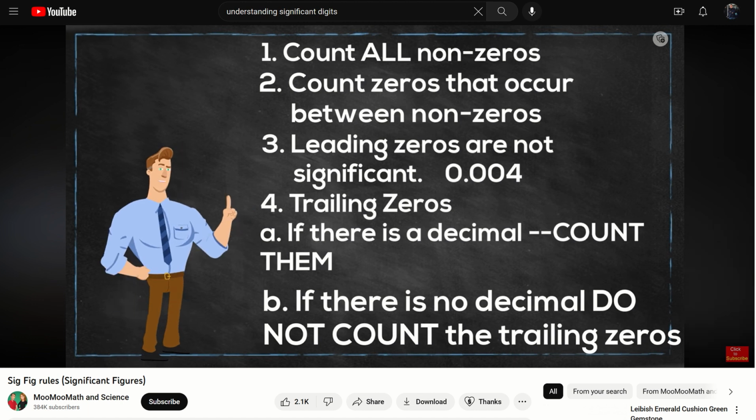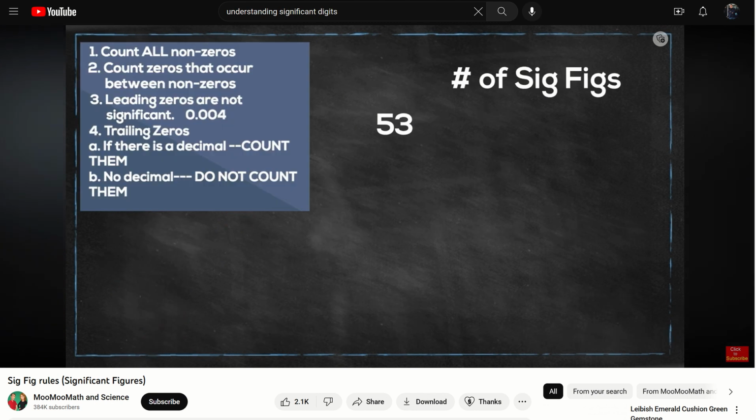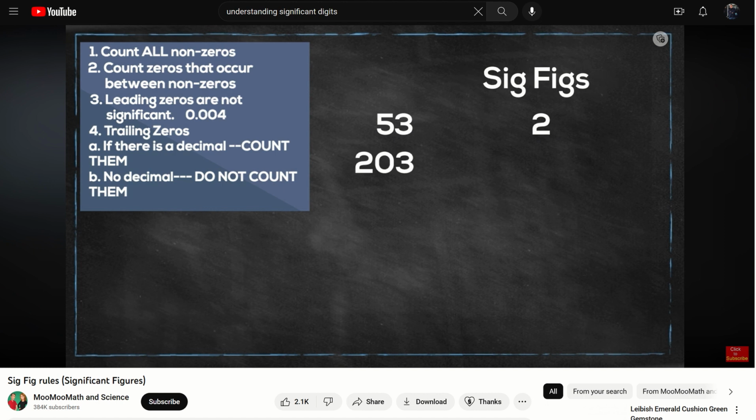So let's get started with a couple examples, and I have the rules here to remind you. 53. This one's fairly straightforward. They are all non-zeros, the 5 and the 3, so you will have two significant figures. Next, 203.